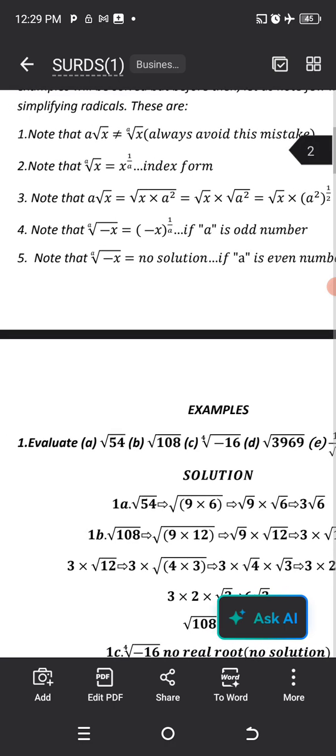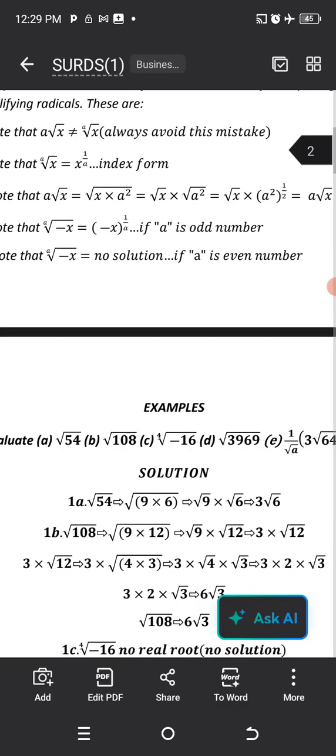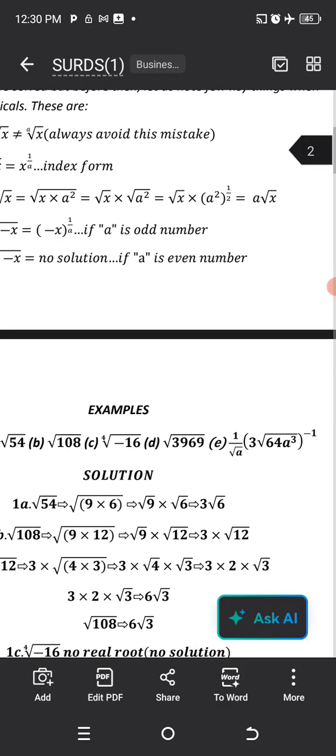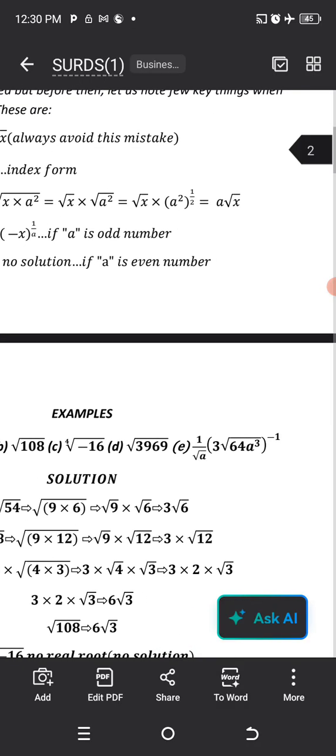The alternative way to write the square root of x multiplied by a squared is, if you split them, the square root of x multiplied by the square root of a raised to power 2. Putting that in index form, it will be the square root of x multiplied by (a raised to power 2) raised to power 1 over 2.